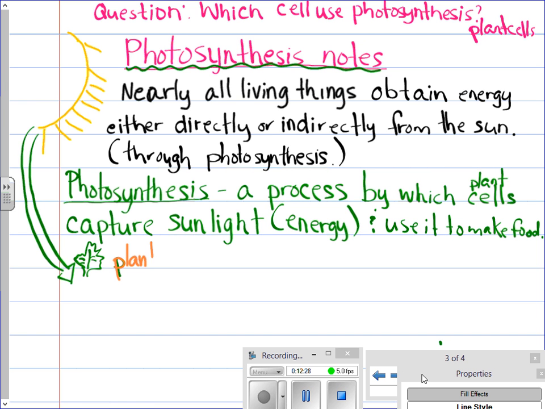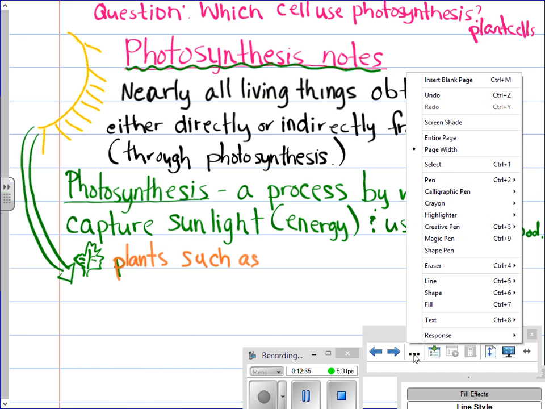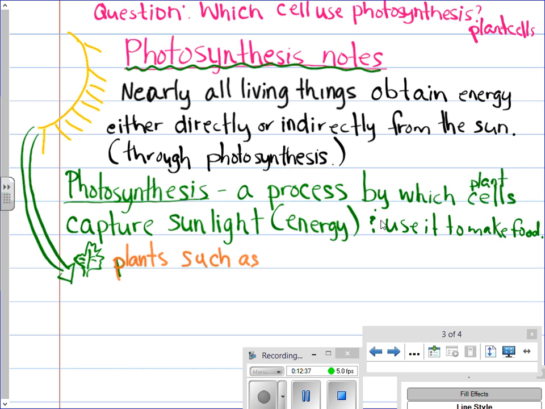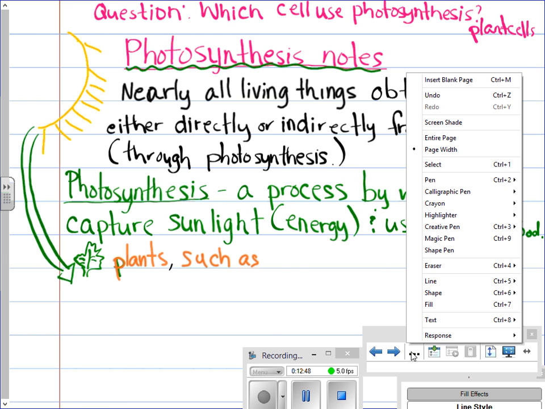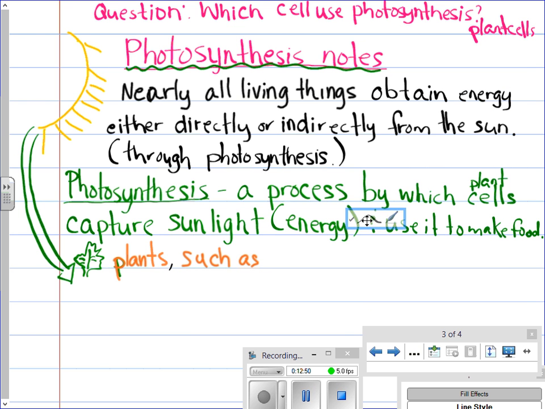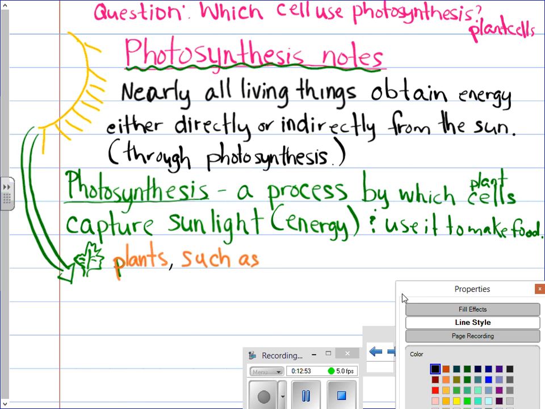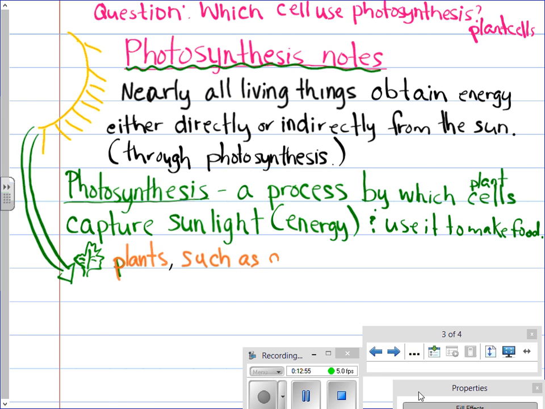Plants such as grass. We all know grass is a plant, right?